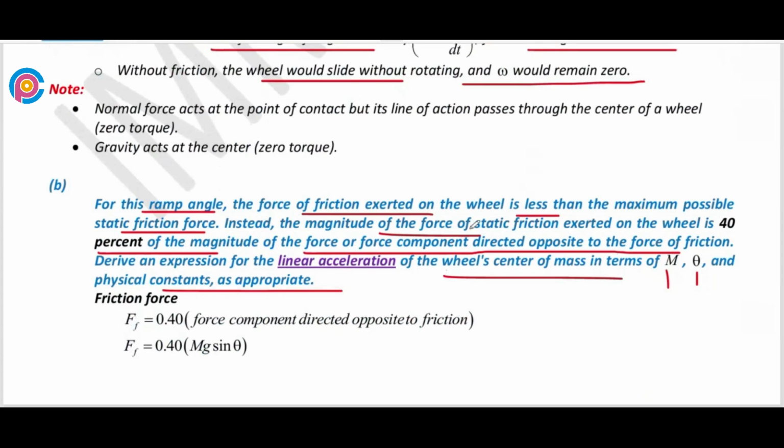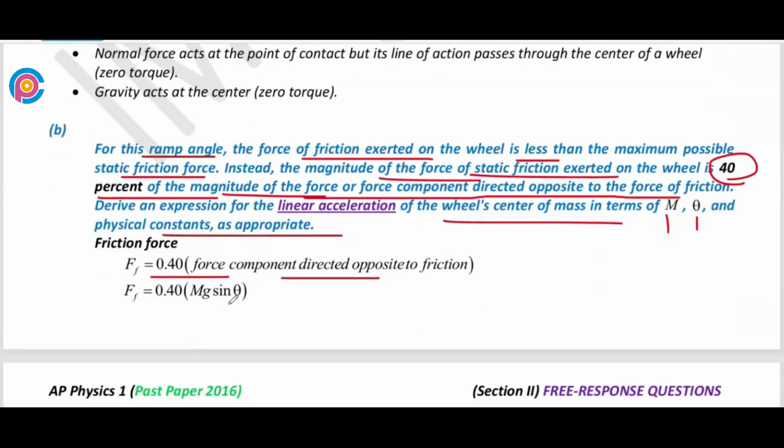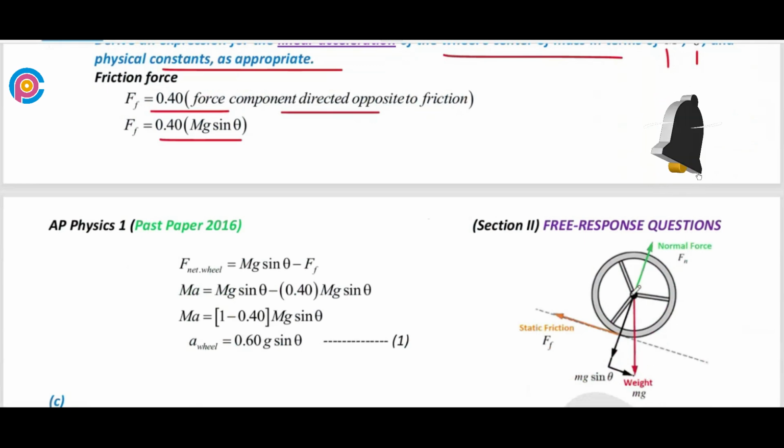Given is that the force of friction is 40% of the force opposite to it. So I write 0.4 times the component of the force. The component is mg sine theta. From the figure you can see the weight has two components, and mg sine theta is the component acting in the opposite direction, directed opposite to the friction.